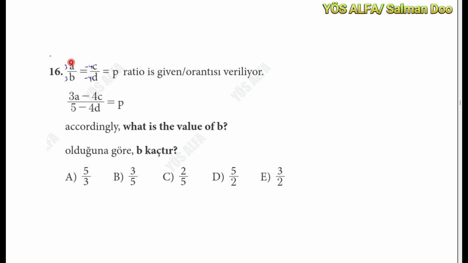Now, if we sum up the two numerators and the two denominators and take the ratio, we know that the ratio is going to be the same as before. So that means 3a minus 4c over 3b minus 4d is equal to p. So 3b must be equal to 5 from here, so b is 5 over 3. And this is what we are asked. So the answer is A.